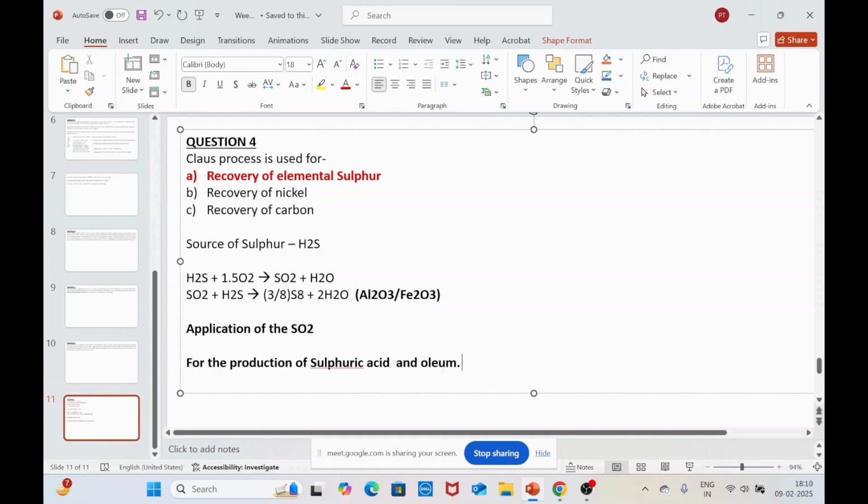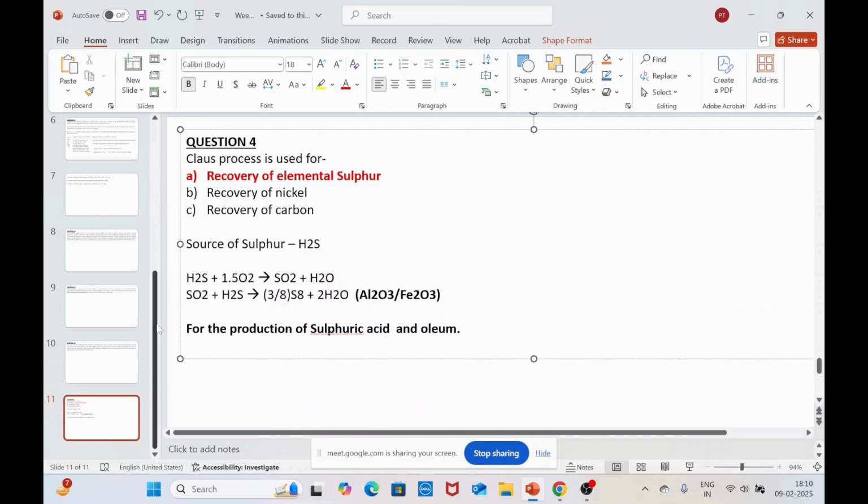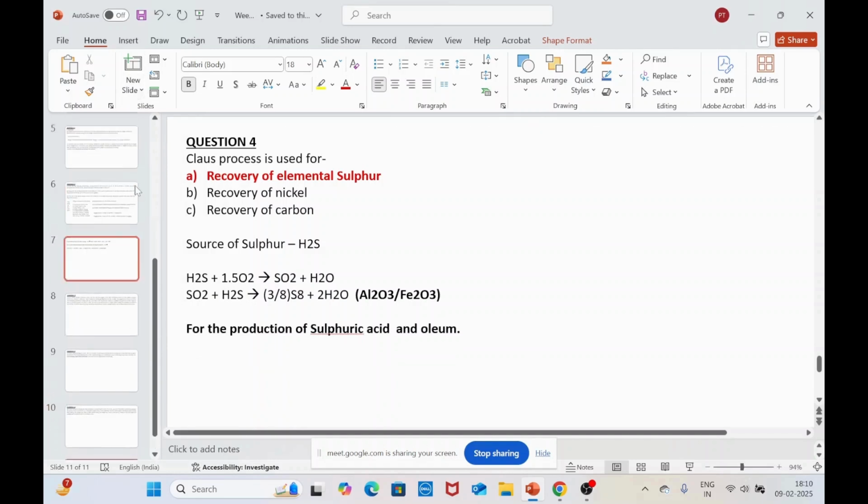These are the two. Whatever SO2 gas gets generated can be used for this process, and apart from that, that SO2 gas can also be used for recovery of the elemental sulfur.